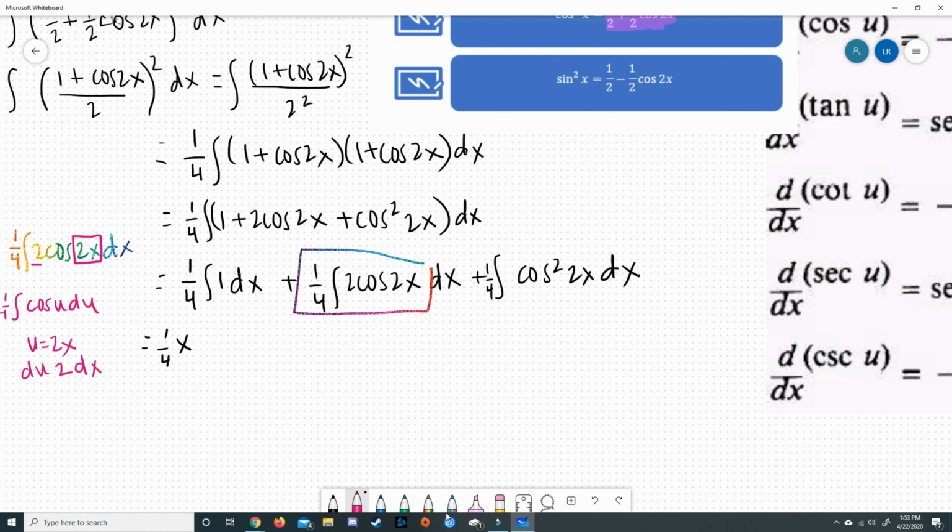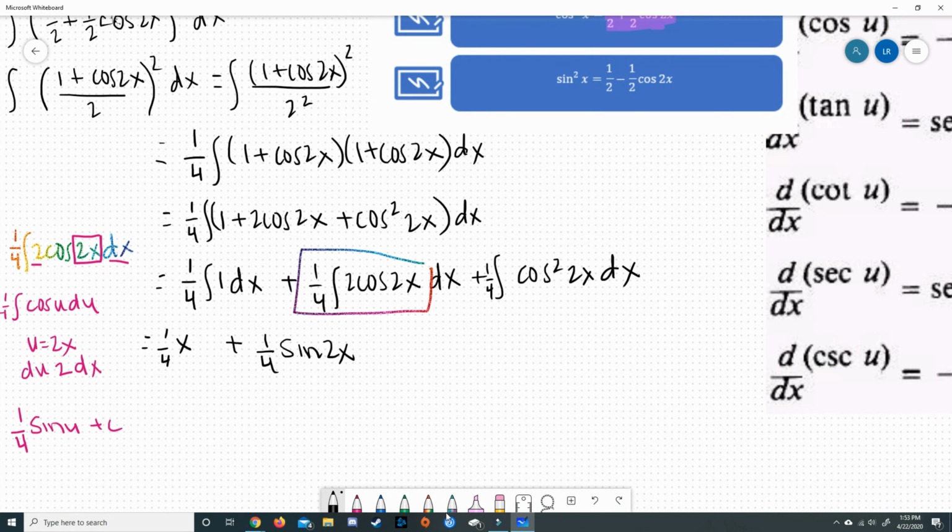So I do have that. I have my du right here, which means I can simply integrate this. So 1/4, the integral of cosine of u is sine of u. And remember, we always do the plus c, but we're going to do the plus c at the end of this big thing. So this integral becomes plus 1/4 sine of 2x.